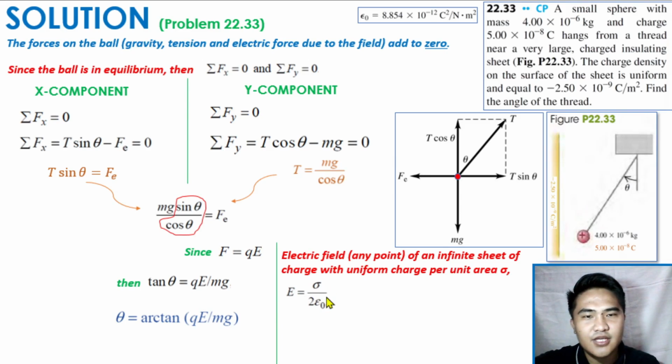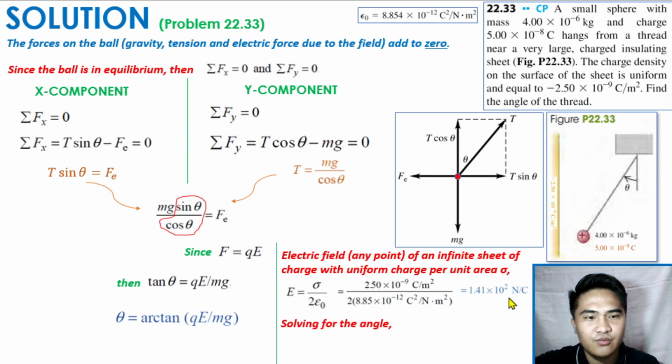Electric field is equal to sigma over 2 epsilon naught. Substituting the values, this is our surface charge density and the epsilon naught, giving us 1.41 times 10 to the 2 Newton per coulomb.